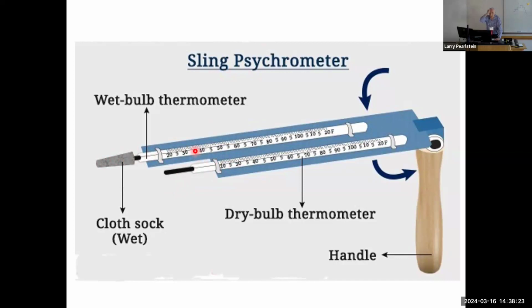When you swing it around, just as you swing a David-type sling, the wind caused by its movement evaporates water from the sock and chills the wet bulb thermometer to a lower temperature. The lower the humidity, the greater the temperature drop. So from the dry bulb temperature and the delta T, you calculate the relative humidity. There are charts, slide rules, and of course, computer programs that will do this for you.